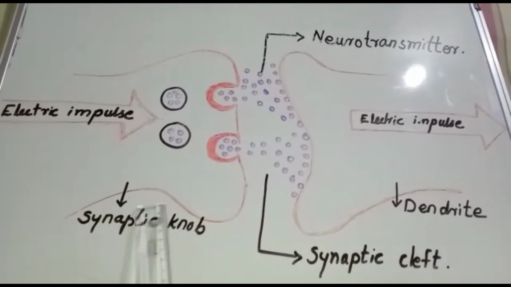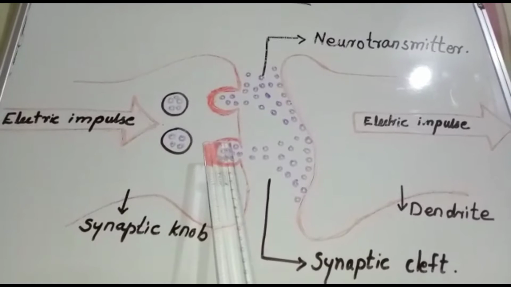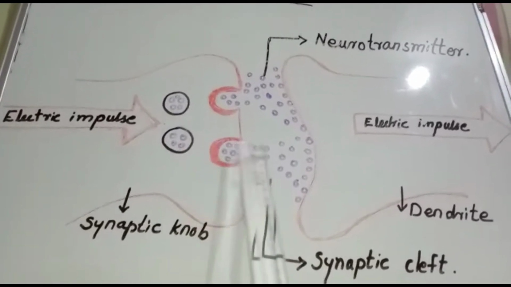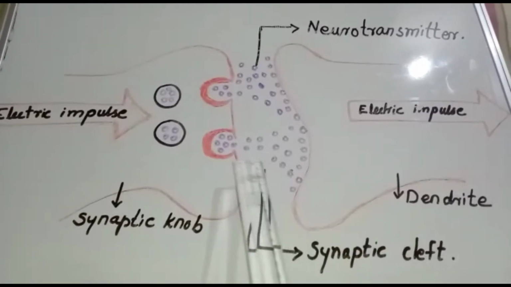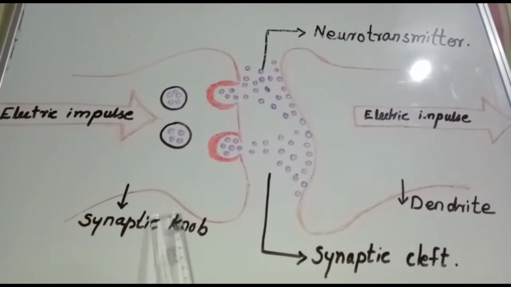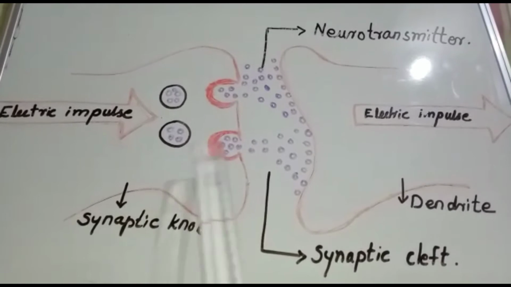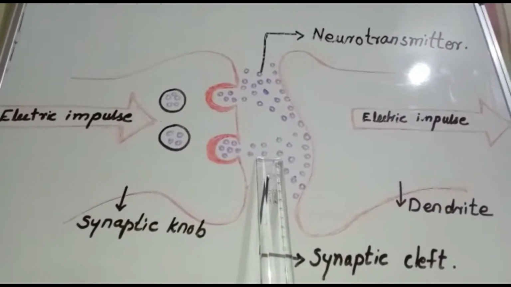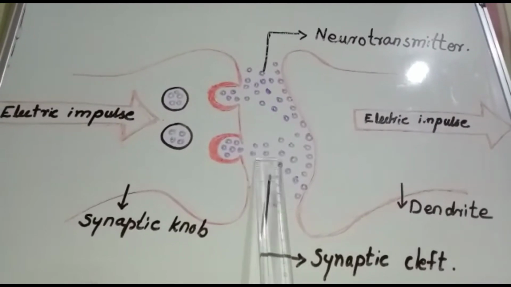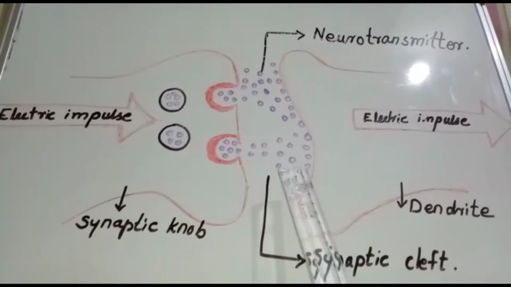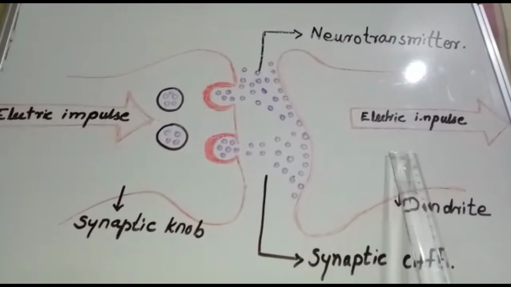So the synaptic knob transmits certain neurotransmitters into the synaptic cleft. This portion we can call the synaptic cleft. So the synaptic knob secretes neurotransmitters into the synaptic cleft, and these neurotransmitters stimulate the adjacent dendrite.